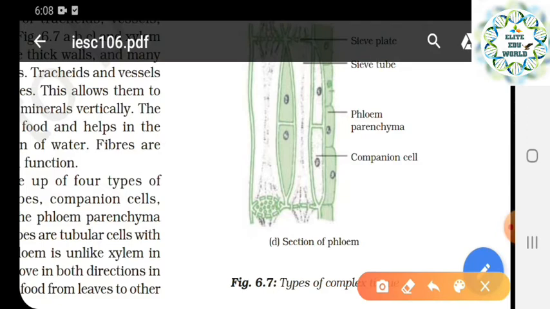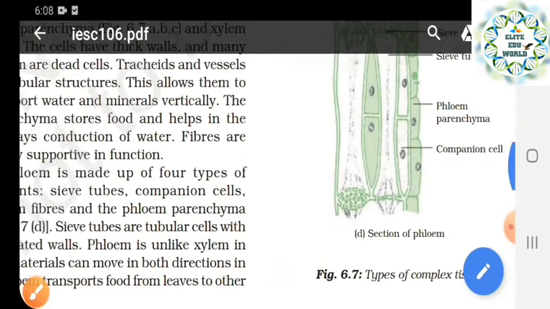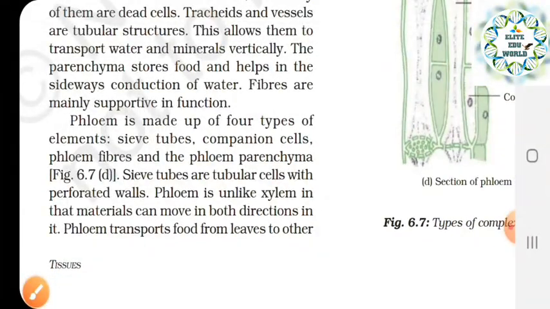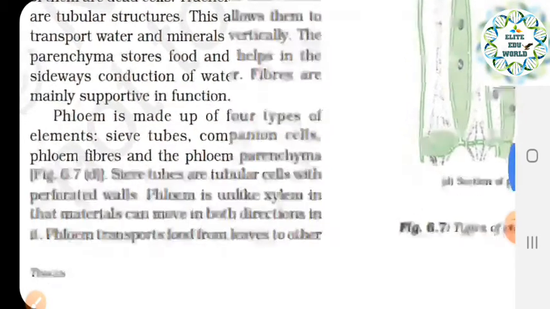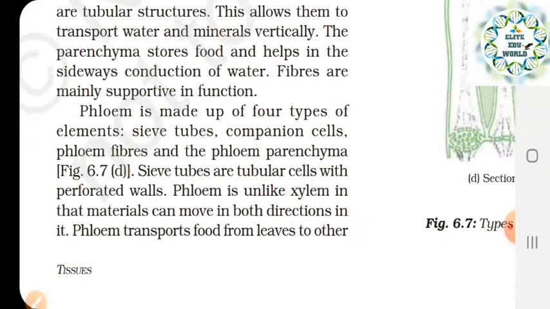Phloem, unlike xylem, can move material in both directions. Here you can understand the difference between xylem and phloem: xylem transports water only in the vertical direction, only one direction, but phloem can transport material in both directions, so it can provide food to each and every part of the plant. That is also one of the differences between xylem and phloem.